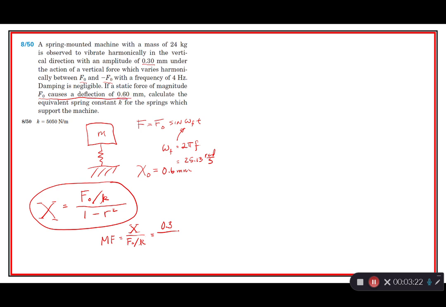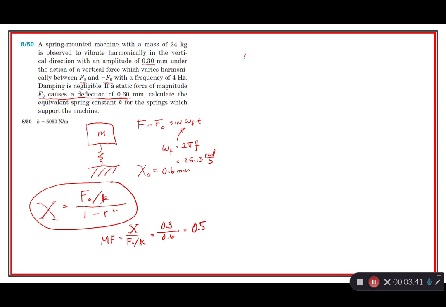So F0 divided by k would be that deflection. So what they just told us is the magnification factor. It was difficult to read and understand based on the words, and that's what makes this problem kind of interesting. So anyway, that's going to be a 0.5 magnification factor.